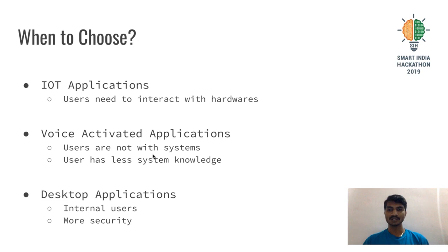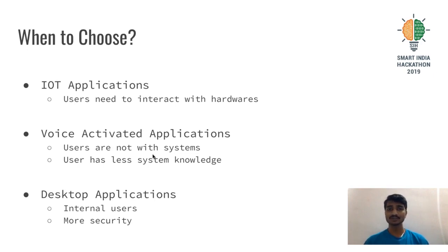And now another booming kind of application is voice activated applications. Voice activated applications are useful when the users are not with the systems, and they don't want to interact with a system like a mobile or laptop or desktop directly, and they are doing some other work and want to interact with the application.